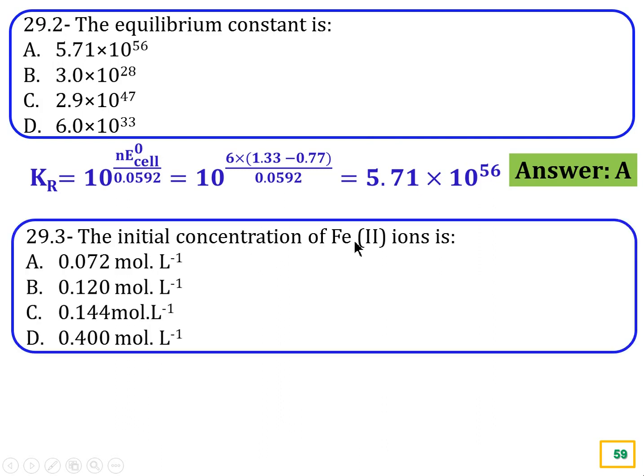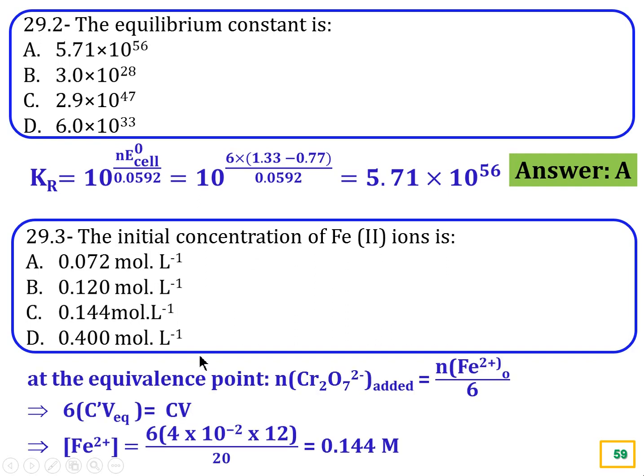The initial concentration of Fe2+ ion: we calculate this concentration at equivalence, since according to the stoichiometric ratio, the number of moles of dichromate divided by 1 reacted is equal to the number of moles of Fe2+ reacted divided by 6.